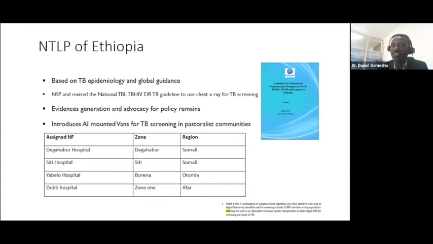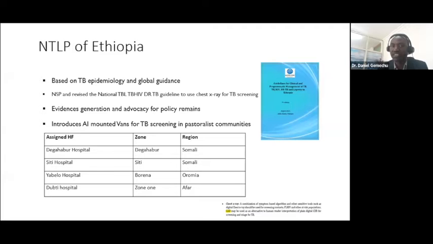And as you can see on the right side, the recently revised national guideline includes the use of digital X-rays in screening TB patients. What remained was having local evidence to see how they work practically in the field, and also higher-level advocacy for policymakers to make it usable and applicable in the context we are living in.